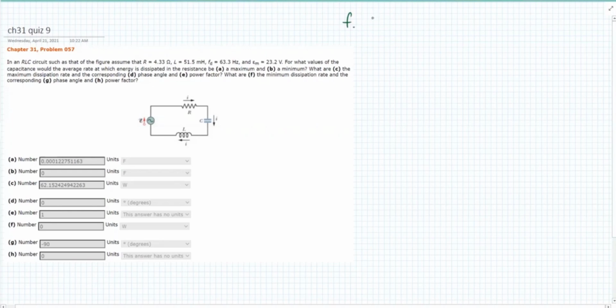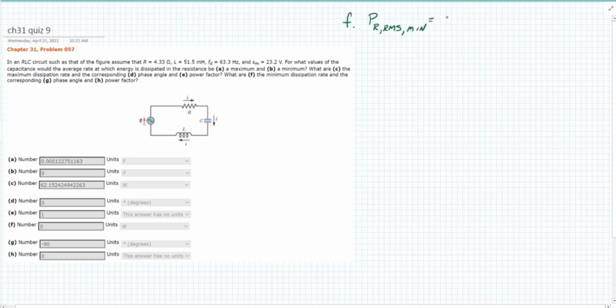Minimum dissipation rate. So P across the resistor, we have to talk in terms of RMS. At some point, we just stop writing RMS. We know that we're going to use RMS, but now we're talking about the minimum. What's that minimum value?